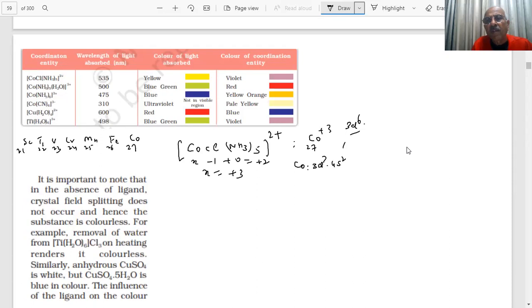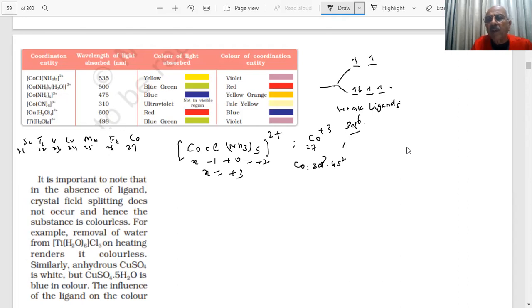And if you have NH3 type of ligands or Cl, they are weak ligands. What is happening in the weak ligands? 1, 2, 3, 4, 5, and 6. Now, what will happen?